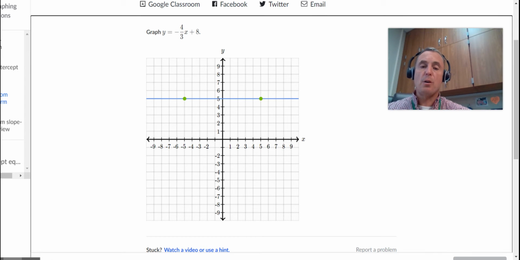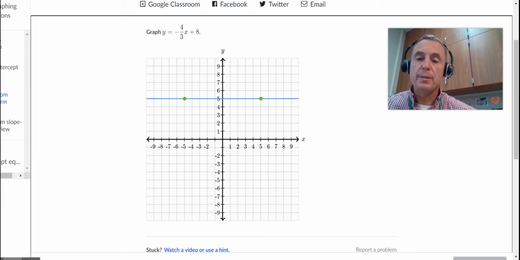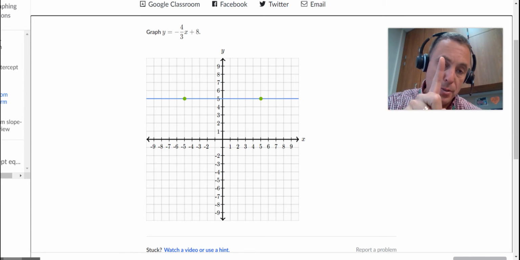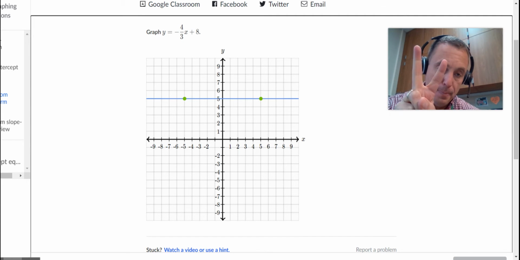The way that we solve this equation is by graphing. So what we're going to do is graph this equation, and we're going to use the two numbers that you see in the equation to graph it. The two numbers are the y-intercept and the slope.